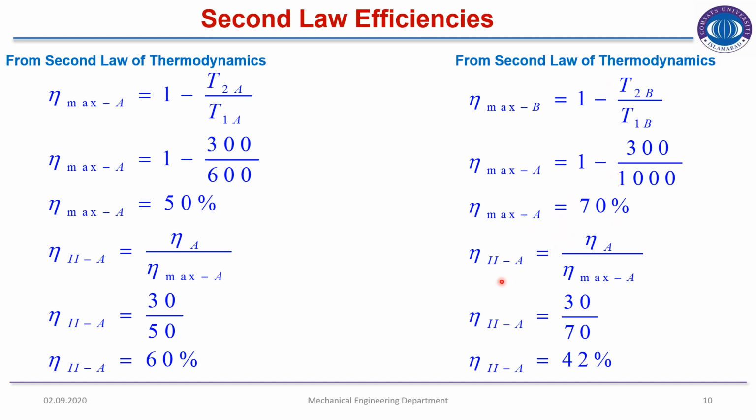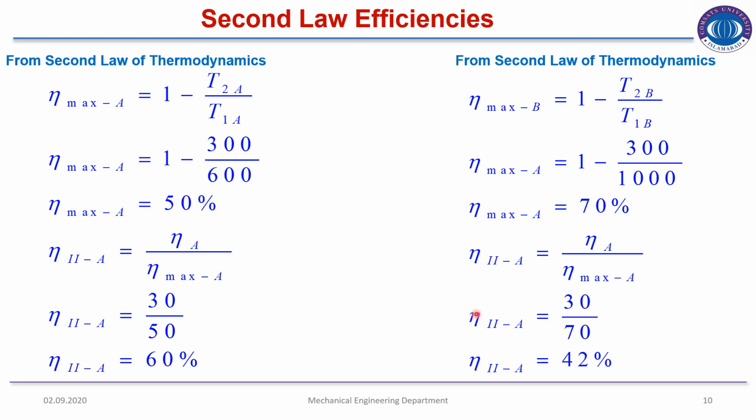So now to calculate the second law efficiency for heat engine B, we have the relation: efficiency of B divided by maximum efficiency of B. So 30% is the thermal efficiency that we calculated according to the first law of thermodynamics, and 70% is the efficiency that we calculated according to the second law of thermodynamics, considering that heat engine B is a reversible heat engine.